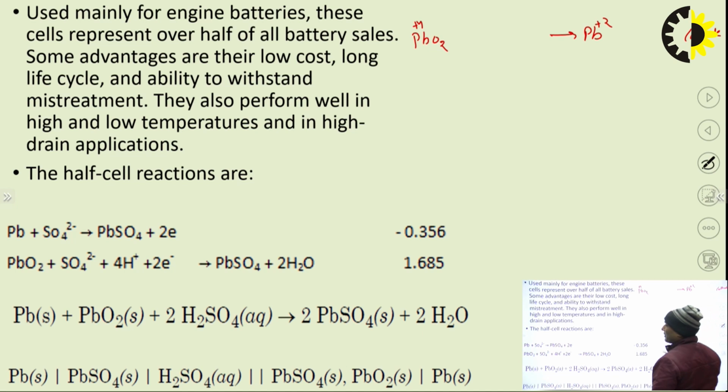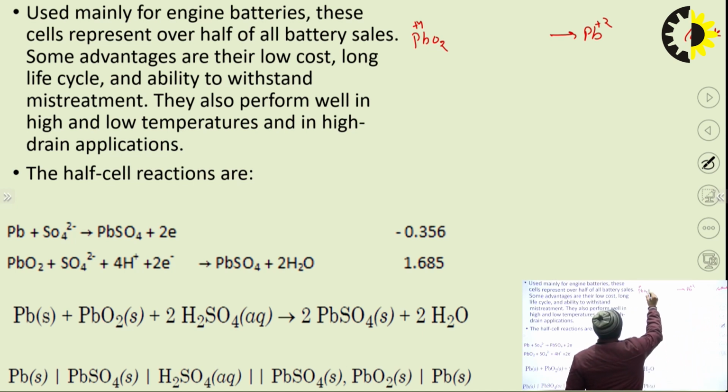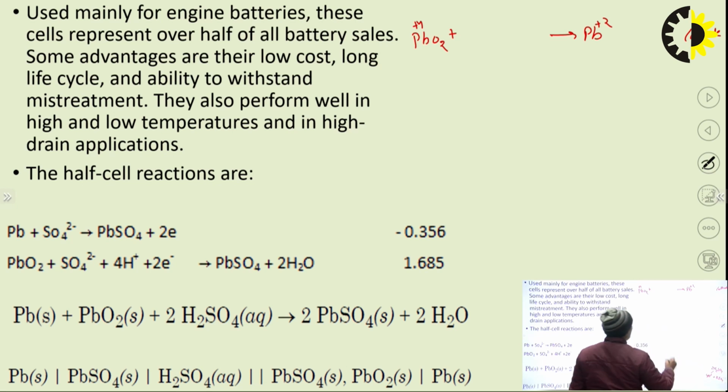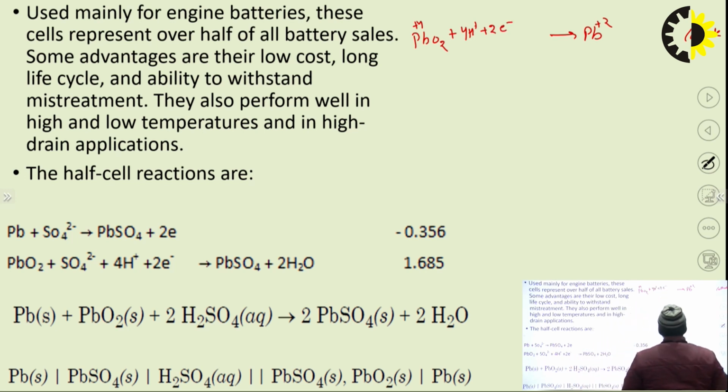This PbO2 interacts with 4H ion, since we have 2H2SO4, it can be written as 4H ion and 2 sulfate ions. So it is interacting with 4H ion plus 2 electrons. Then the net product will be Pb2+ plus 2H2O.